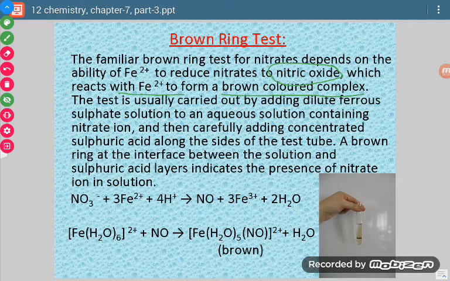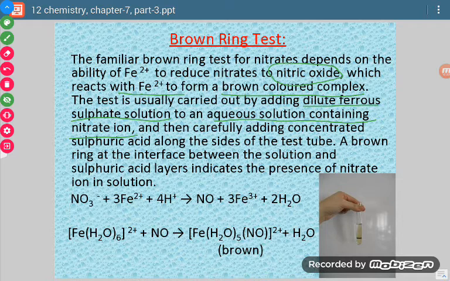Now see, this test is usually carried out by adding dilute ferrous sulfate solution to an aqueous solution containing nitrate ion. Okay, see what we are going to do. We will take that salt in which nitrate ion is present. We will make its aqueous solution. Then we are going to add dilute ferrous sulfate solution in this.